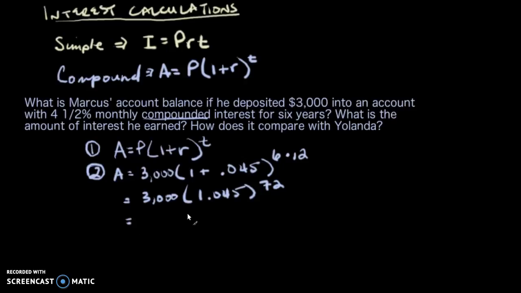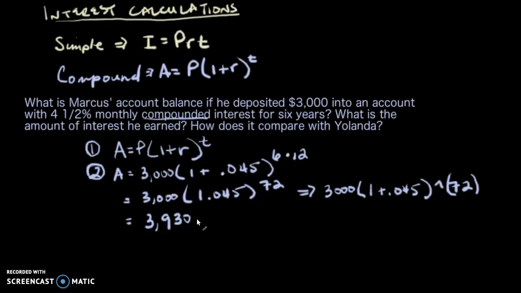Put that in your calculator, and it would probably look like this: 3,000 open parentheses 1 plus 0.045 if you didn't want to combine it like this, and then you'll use your little caret, which is on the right side, I believe, and then you would say 72, like that. Also works on your phone if you turn it sideways. And the amount that we'll get is 3,930. So this is the answer to the first question, what's his new account balance?